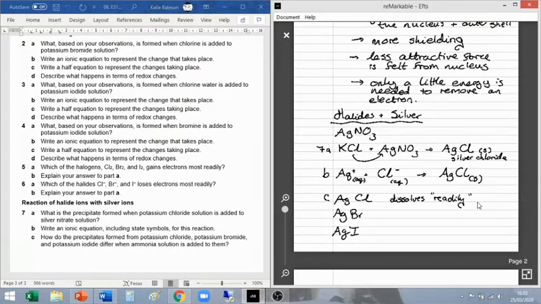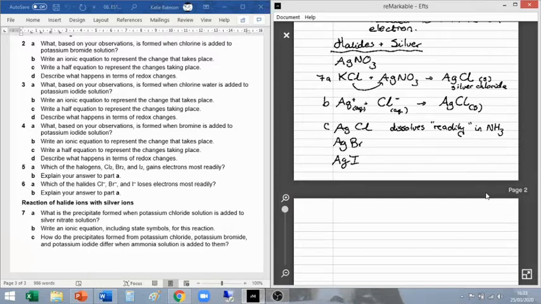It dissolves readily in ammonia, NH3, whereas silver bromide dissolves less readily in ammonia, and silver iodide does not dissolve at all. So once again, we can get a bit of a distinction there between the different halides in our compounds by doing an additional test with ammonia.